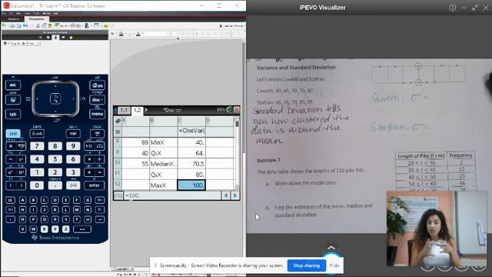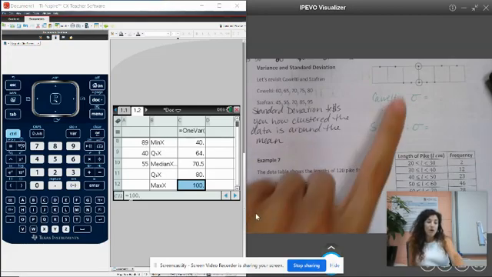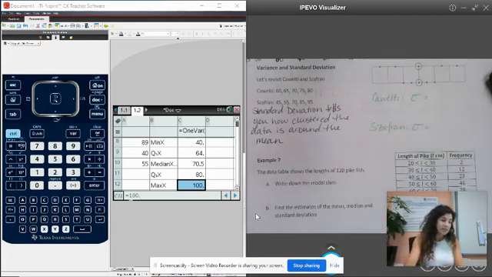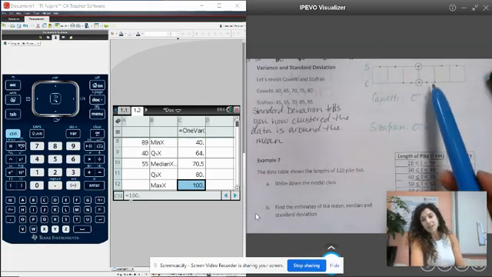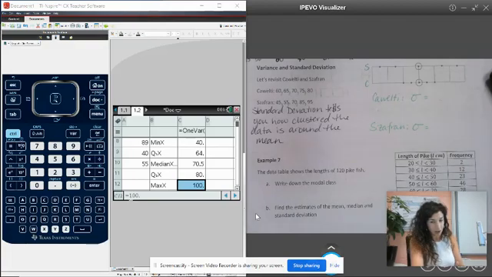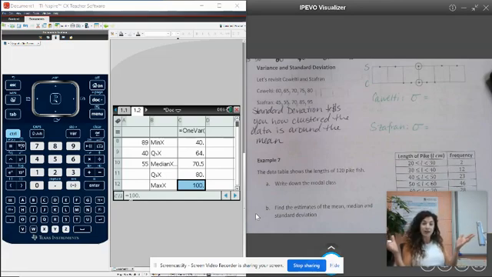Remember that standard deviation is how your data is clustered around the mean. So just looking at what we've done with the data so far, your assumption is that Coelti is going to have a smaller standard deviation and Zafron is going to have a larger standard deviation because hers is less clustered, whereas Coelti's is very clustered.